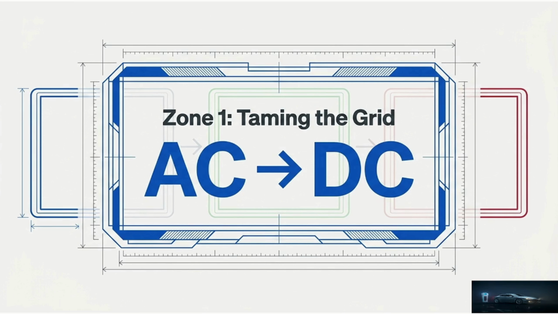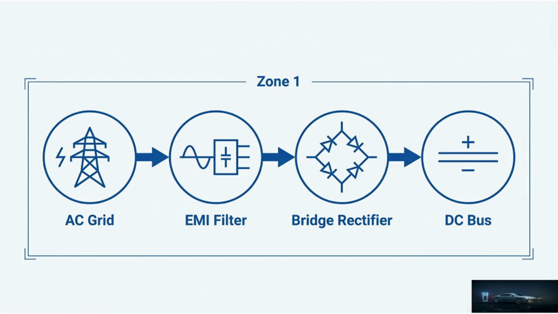Think of zone 1 as a preparation zone, the beginning stage, where the job is to take the AC power coming from the grid. If you can see in the slide, the power which is AC is coming from the grid, right?